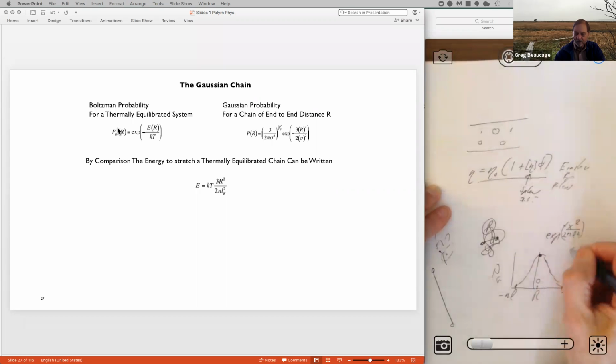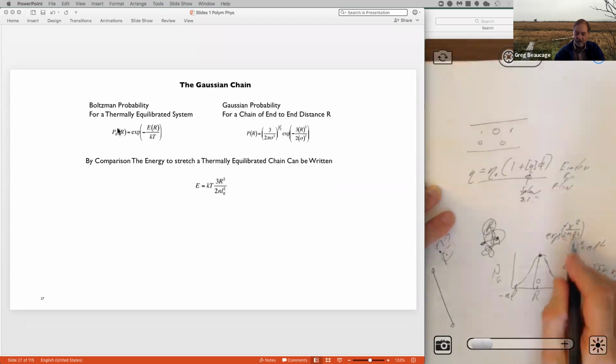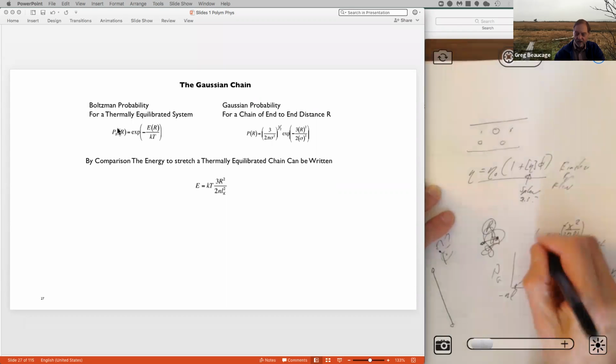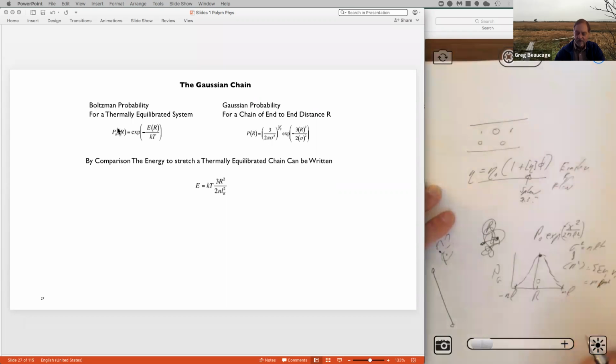So sigma squared for the Gaussian chain is NL squared, because we figured out that if we find R squared, which is the same as sigma squared, if we do that double sum with the two R's, Ri, Rj, we find out that that's NL squared. Right, so we know that sigma squared is NL squared for this Gaussian function. And then it's got some prefactor, like probability 0. This follows the Gaussian behavior. Right, so it's given here.